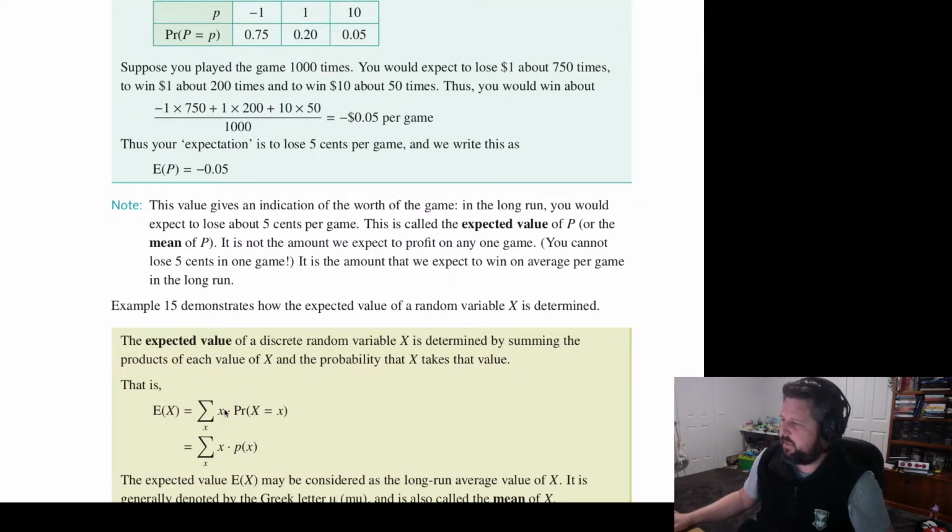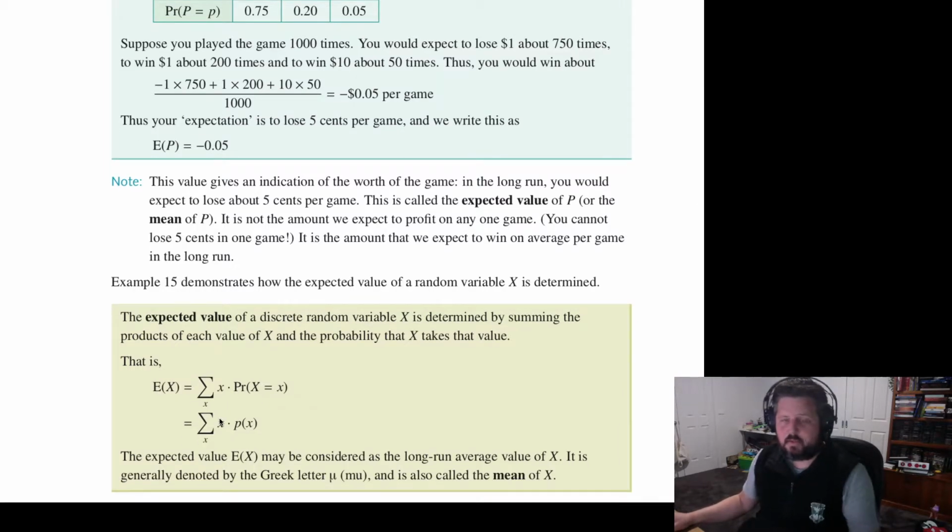So you multiply those together, and then you're summing them all together, so adding them all up.